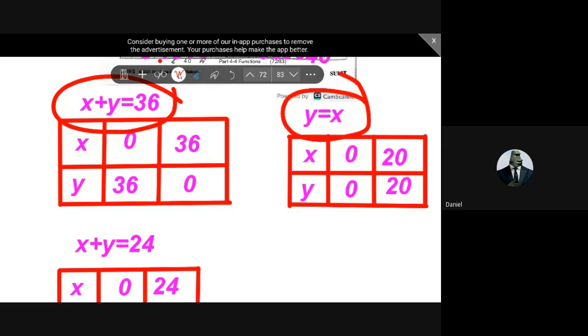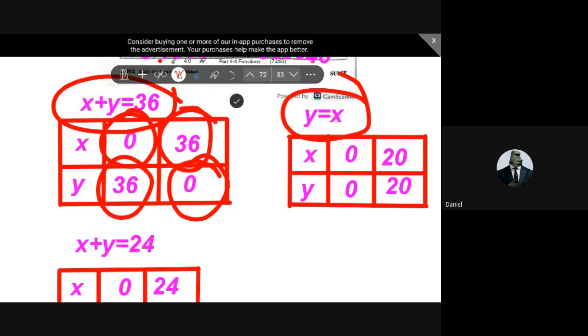Macam mana kamu boleh plot graph tu? Kamu kena buat satu anggapan. You need to do an assumption. Katakan Y sama dengan kosong dan katakan X sama dengan kosong. You need to do an assumption, let Y equal 0 or let X equal 0. Lepas tu cari nilai Y dan X yang sepadan. You find back the corresponding X and Y values.